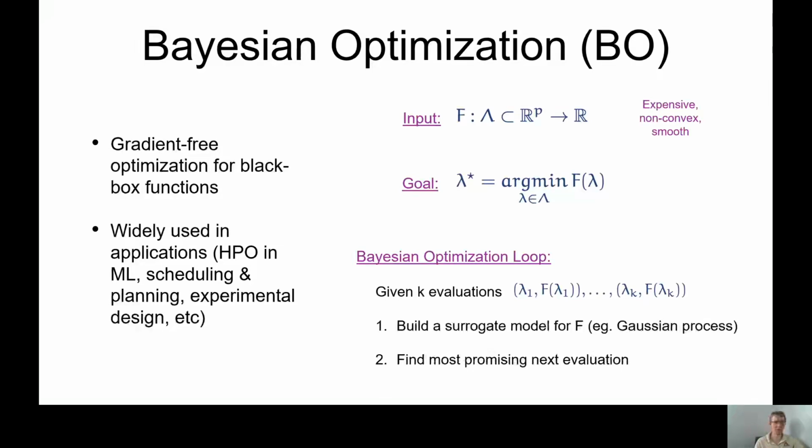The typical way Bayesian optimization is formalized is that you have an objective function f defined on some set, maybe a high-dimensional Euclidean space, and you assume that this function is expensive, non-convex, and has some degree of regularity.